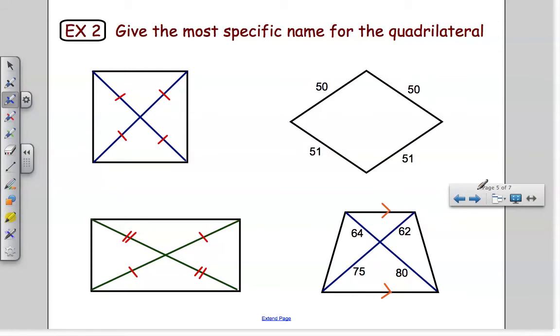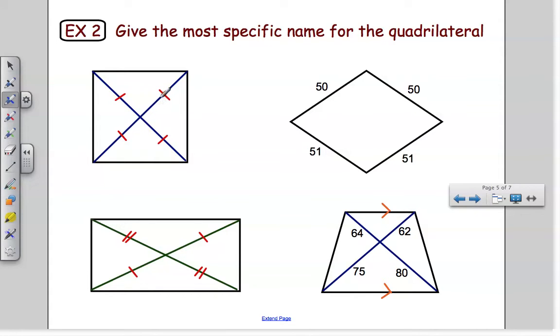Something else you should be able to do is give the most specific name for the quadrilateral. You want to get as specific as possible, but don't guess anything and don't over-insert categories or specifics onto the shape. You have to notice just what you're given, and in here I'm given some diagonals that are, first of all, bisected, right?